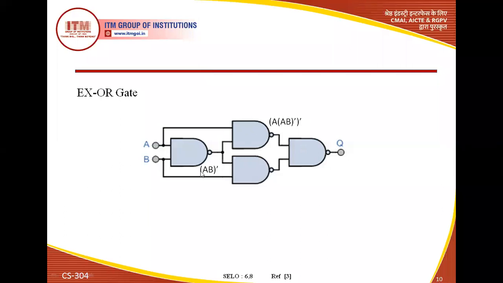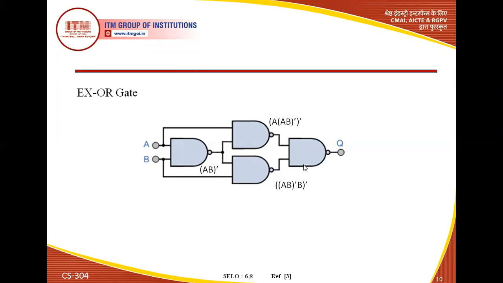There is only one change: here we are taking the input B, and (A B) whole bar is common input for this NAND gate. So at that time we are getting (A dot B) whole bar into B, whole bar. So we get a similar output like this.